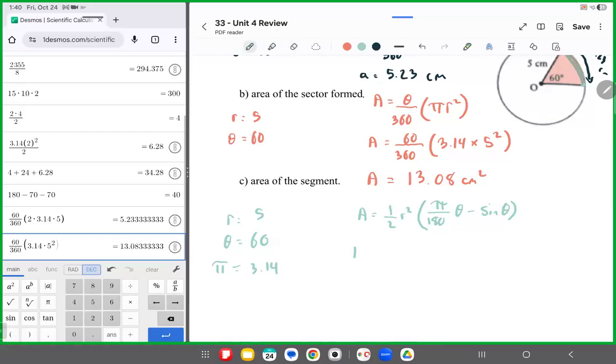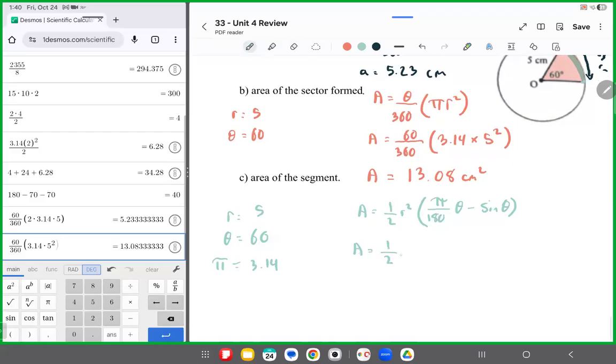So this area will be equal to 1 over 2, the radius is going to be 5 to the power of 2, bracket pi, which is 3.14 divided by 180 multiplied by the central angle, 60, minus sine of the central angle, 60.